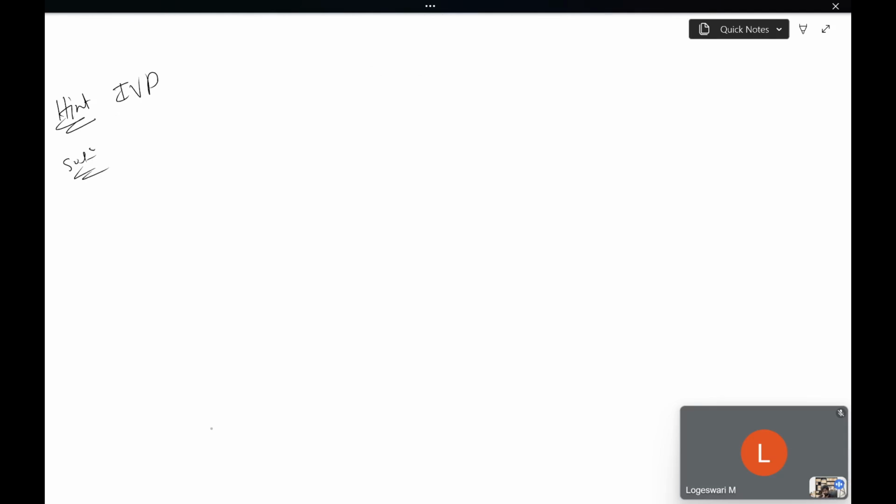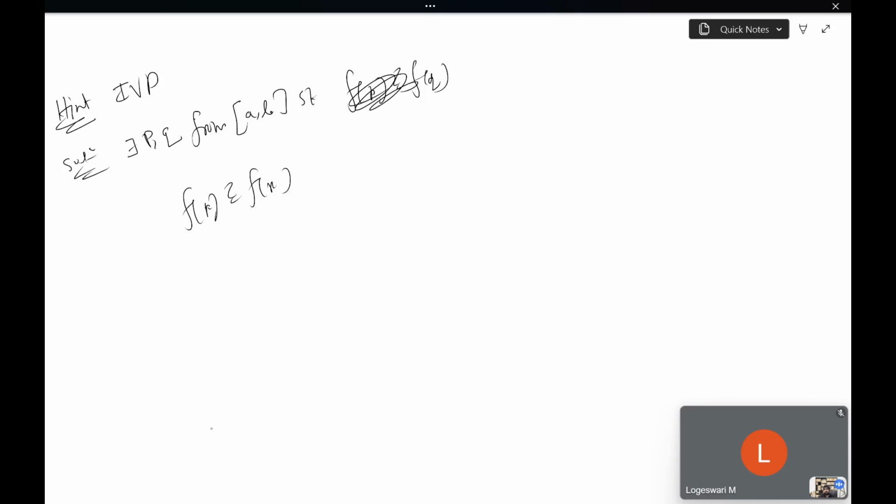We choose points p and q from A such that f(p) is less than or equal to f(x) less than or equal to f(q) for all x belonging to the open interval.